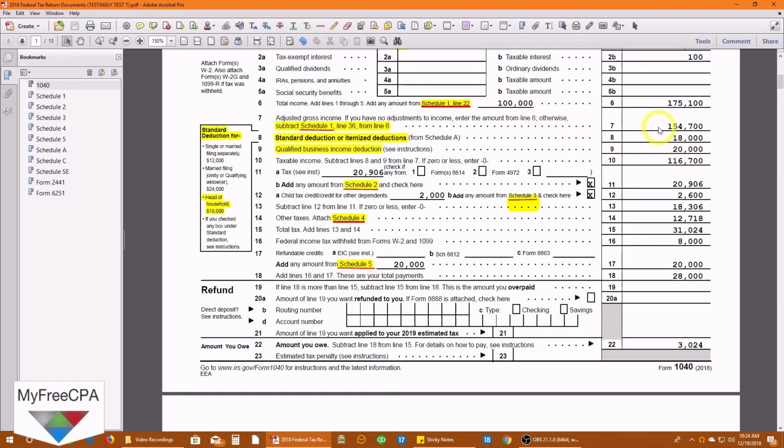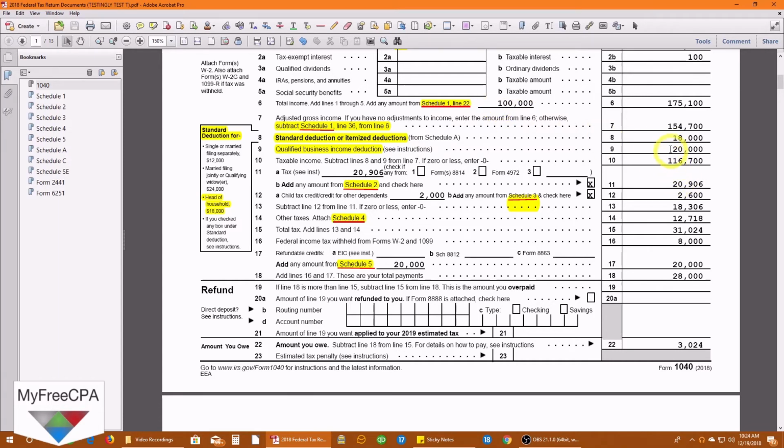So now here's where we go from adjusted gross income and subtract our standard or itemized deductions. If it's itemized, it's Schedule A. If it's standard, we use the numbers here. Subtract again. If we have Schedule C income, we subtract out our business income deduction, which is generally 20% of our net income amount.